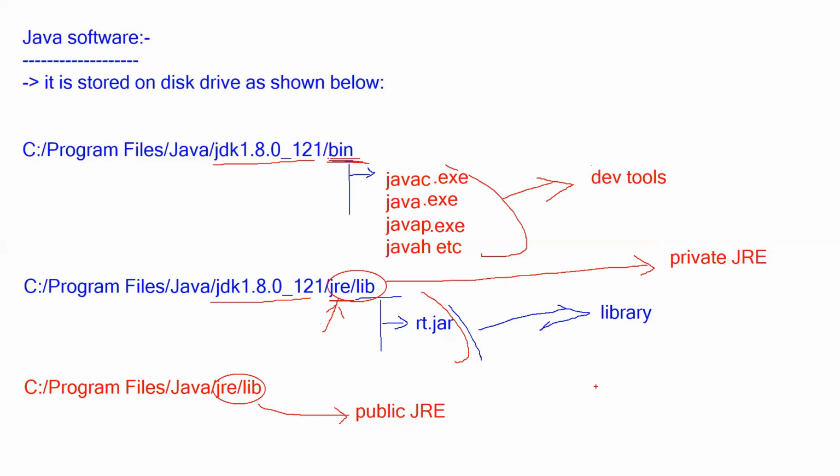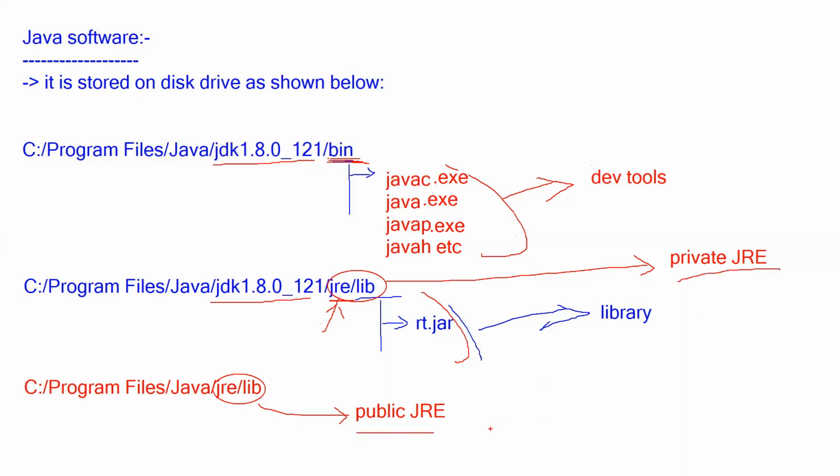So this is how the Java software is installed on the machine, and where you can locate the development tools and the JRE. Two types of JREs are available, public and private. The public JRE is installed in the Java folder, and the private JRE is installed in the JDK folder. You may wonder why two JREs are required.